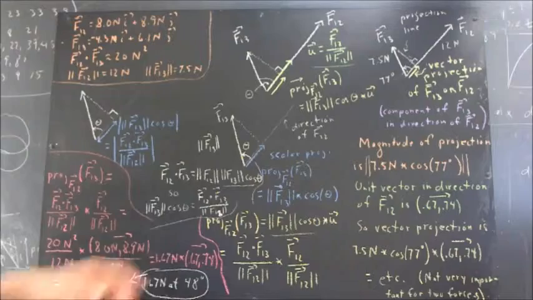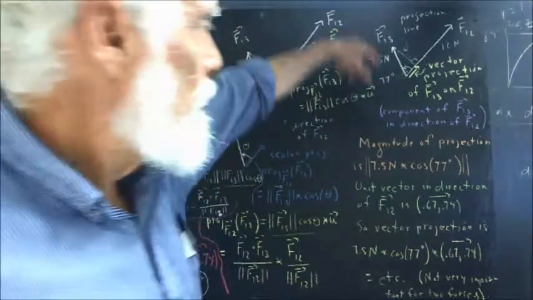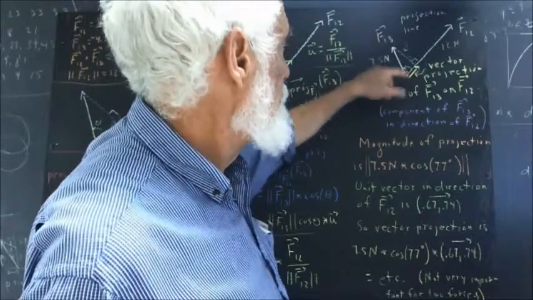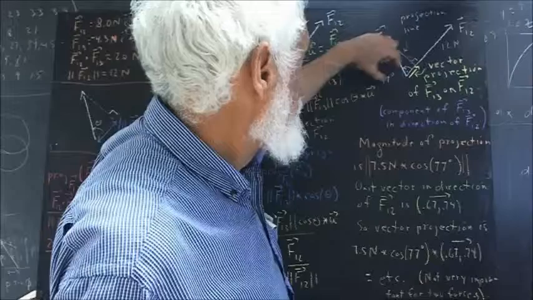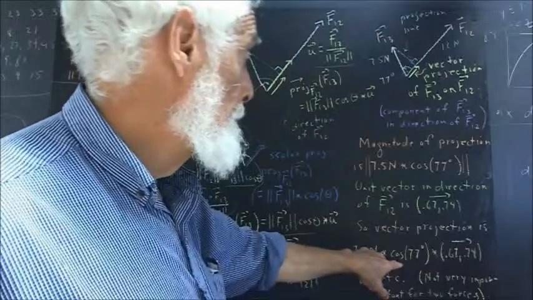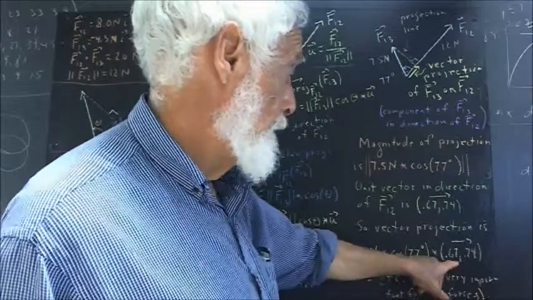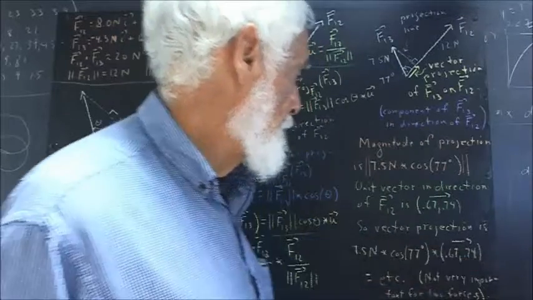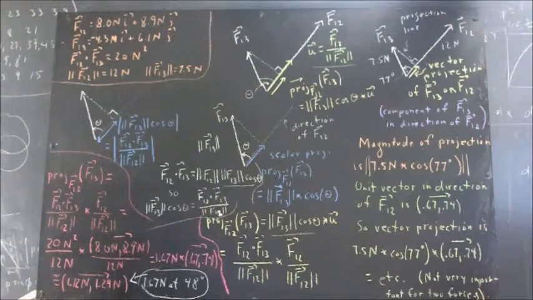And you'll recall that we talked about where this all comes from. If this is 77 degrees, then this component here is 7.5 newtons times the cosine of 77 degrees. And we multiply that by the unit vector in the direction of F12, which was 0.67, 0.74. And if we do that, we get something very close to this.